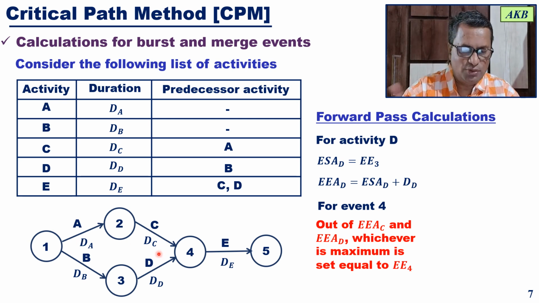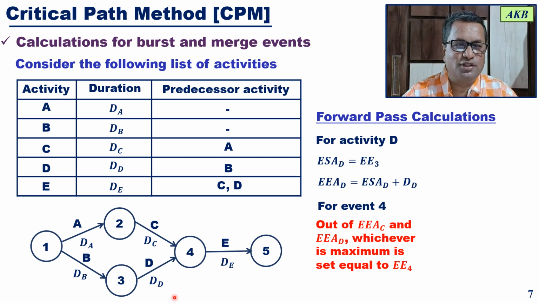In this case, there are two activities. You have the earliest end time of activity C, and there will be some earliest end time for activity D. Whichever is maximum, you take it as the earliest event time for event 4. That is what you have to remember. So for a merge event, the maximum is to be selected.